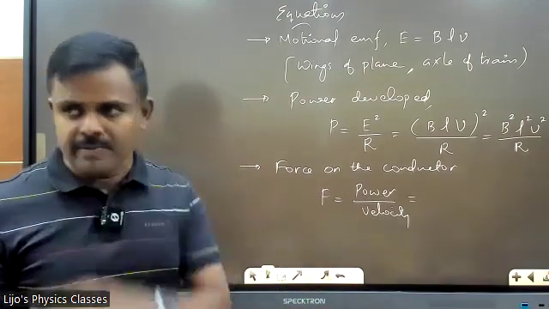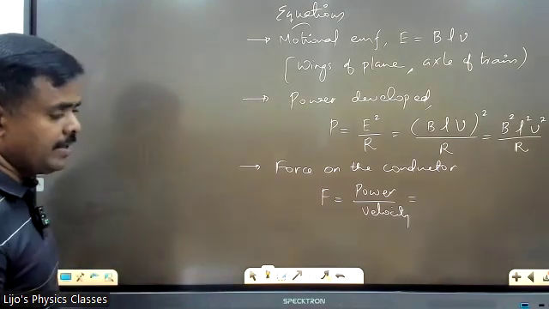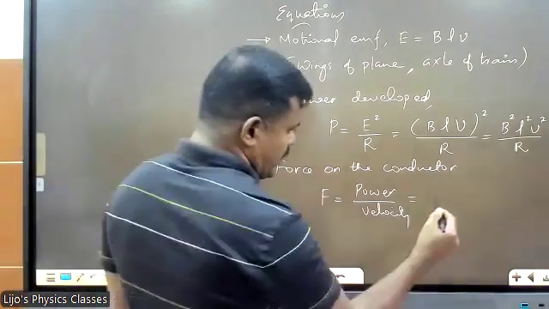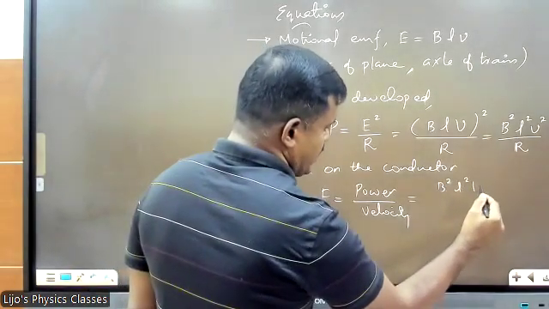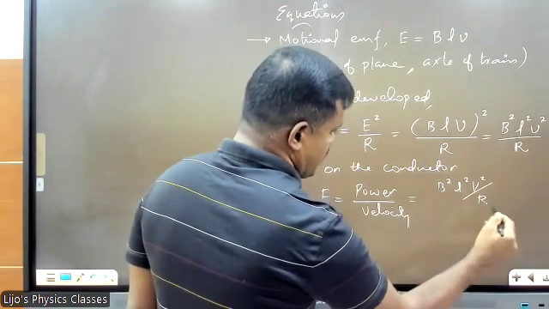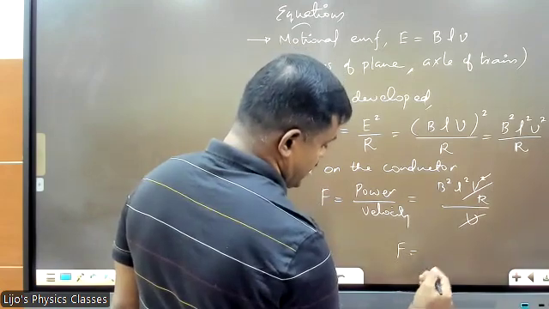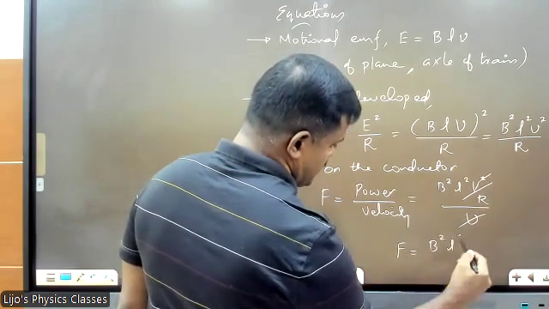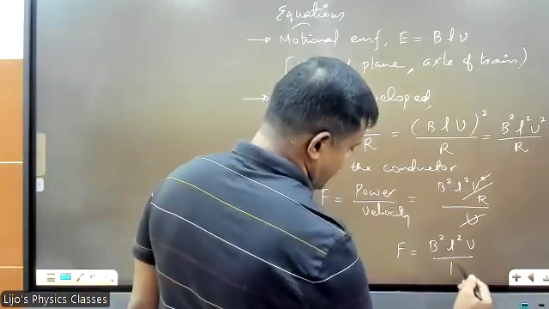Force is equal to power divided by velocity. So what is power? Just now I wrote B square L square V square by R, divided by V. V and V are cut. You get the force as B square L square V by R.